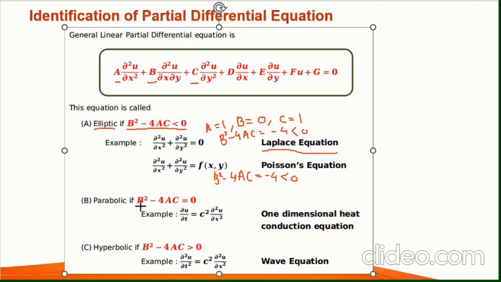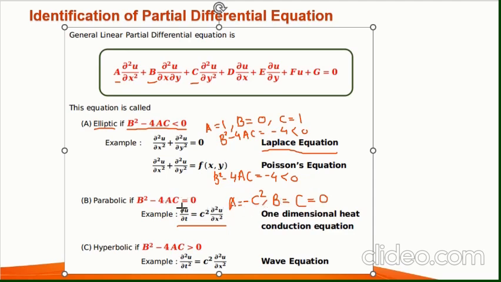Now the second category, when B² − 4AC equals 0. In this case we have the example of the one dimensional heat conduction equation, ∂u/∂t = c² ∂²u/∂x². Here the value of A is −c², and the values of B and C are both 0.